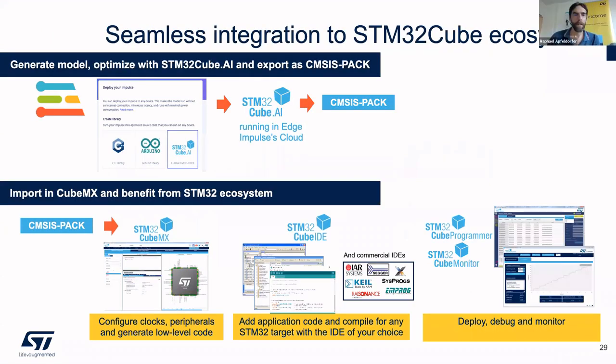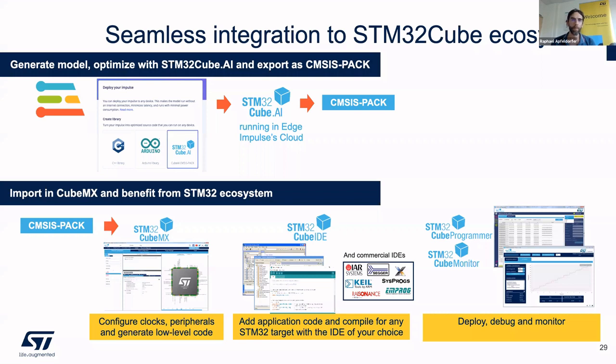Yes, thanks, Jan. Let me add a bit more information about the deployment on the STM32Cube environment. Typically for proof of concept, as you've seen, Edge Impulse is a great way to get started because you get a full cloud solution, with a low level of coding, and you can deploy straight out of the box on your ST IoT node.